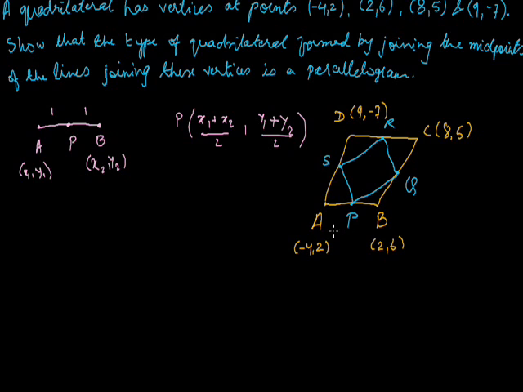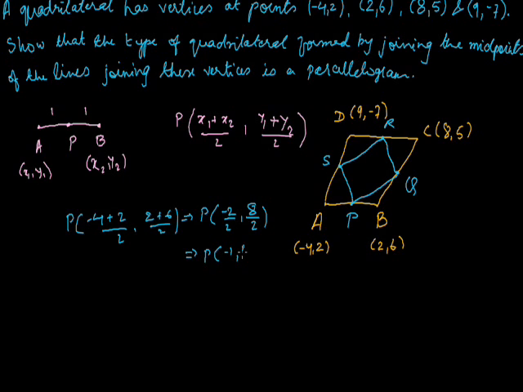Now since P is the midpoint of A and B, as per our section formula, the coordinates of P become (-4 + 2)/2 and (2 + 6)/2. That is, the coordinates of P are -2/2 and 8/2, so the coordinates become (-1, 4).